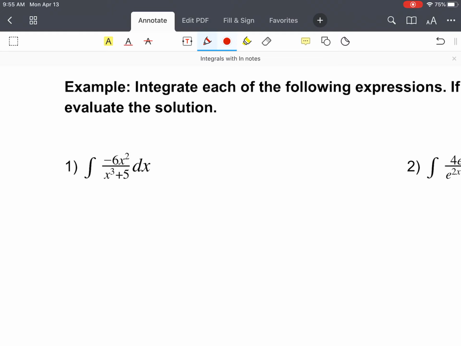That's how I know this is going to be an ln, and I'm going to need to let u equal x cubed plus 5. So then du is 3x squared dx.